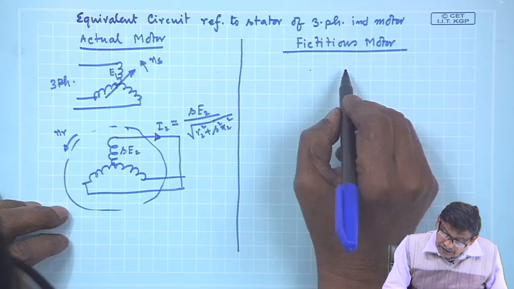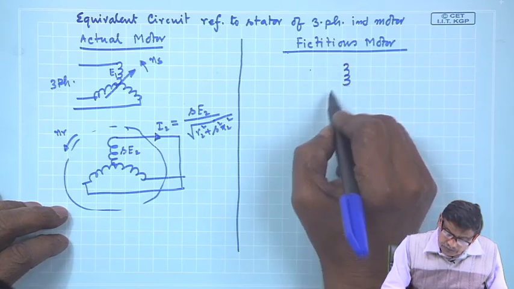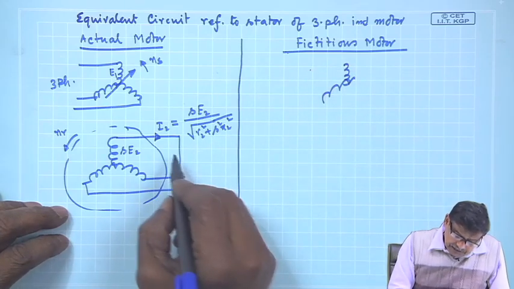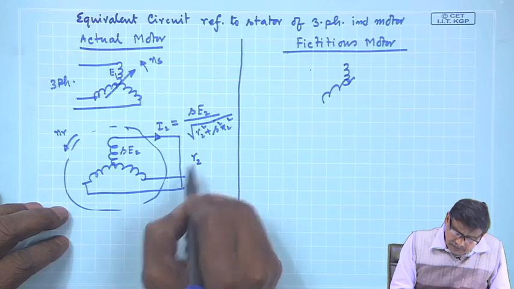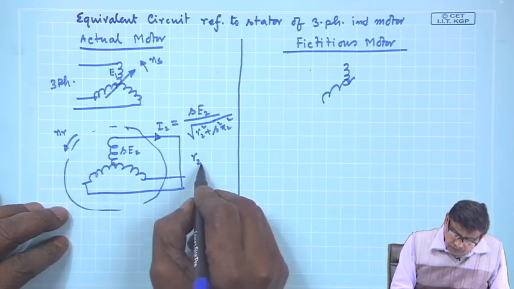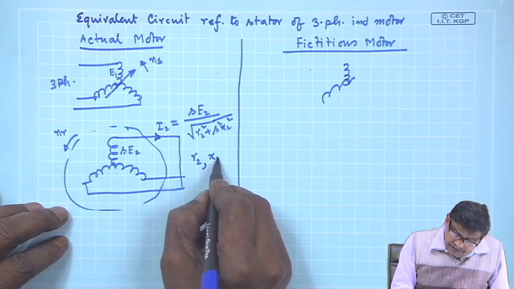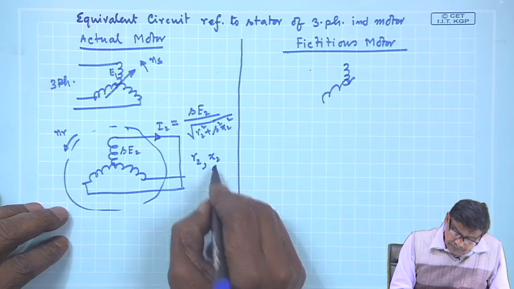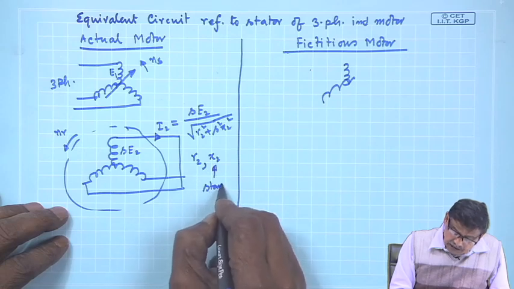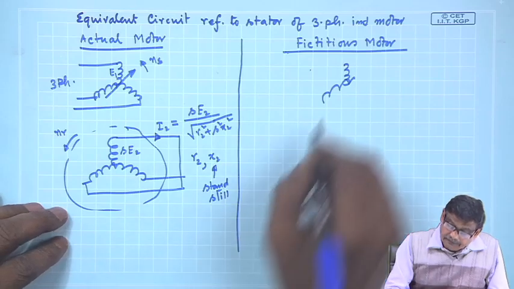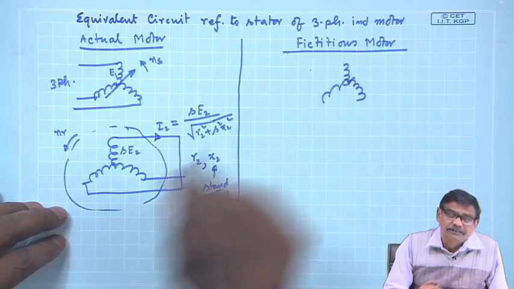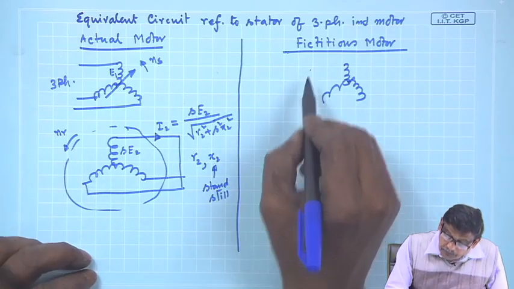Now, consider another motor. This machine has winding resistance per phase R2 and standstill rotor leakage inductance X2, that was there. Now, consider a fictitious motor; here the rotor was moving.